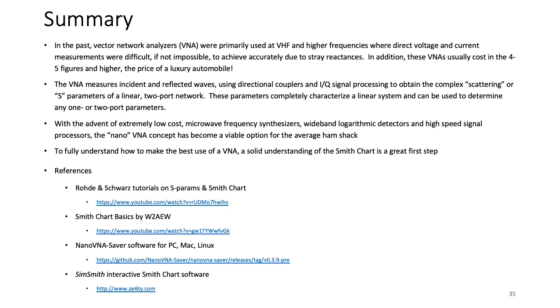Obviously, they're not going to have the dynamic range of these very expensive instruments, but for amateur radio purposes, they are extremely good. The VNA, as I mentioned, measures incident and reflected waves using directional couplers, Wheatstone bridges in particular in the NanoVNA, and IQ signal processing to obtain the complex scattering or S parameters of linear 2-port networks.